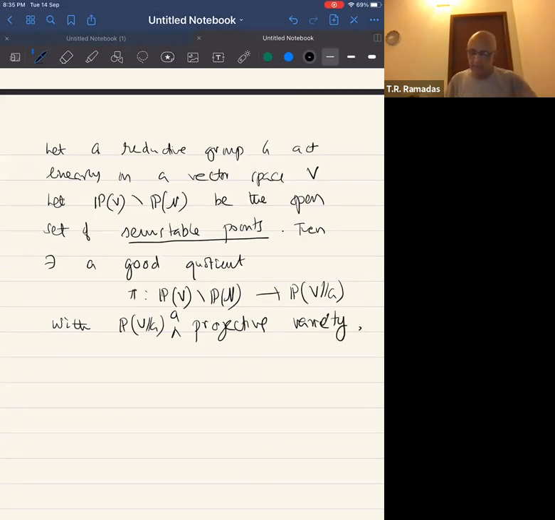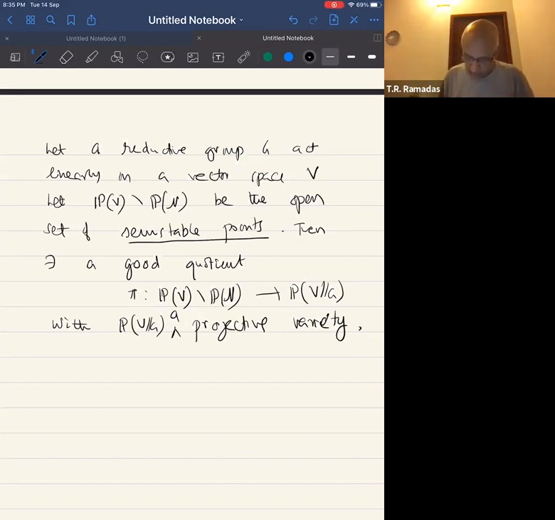Okay, so what is the sort of more explicit definition? I have defined a semi-stable point by what it is not. Can I define it in a way that gives it some positive description?